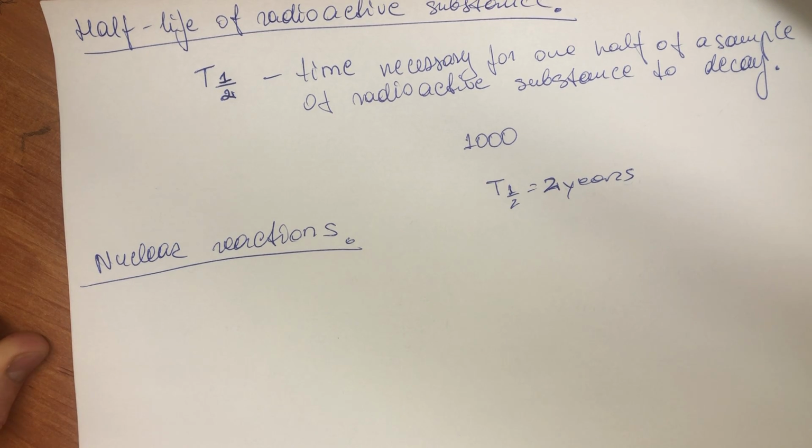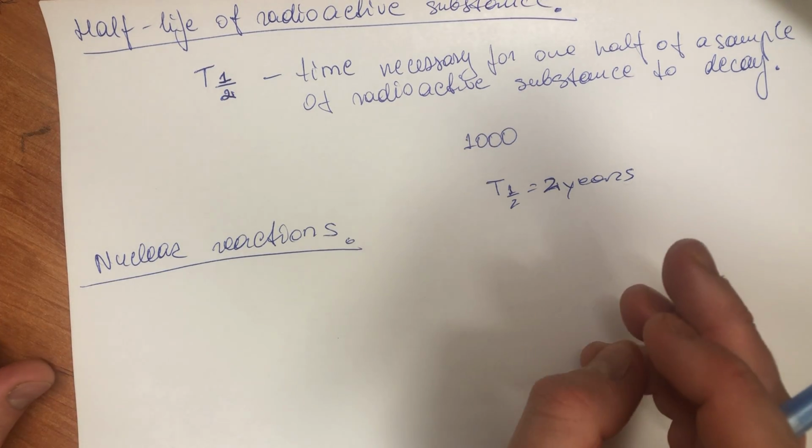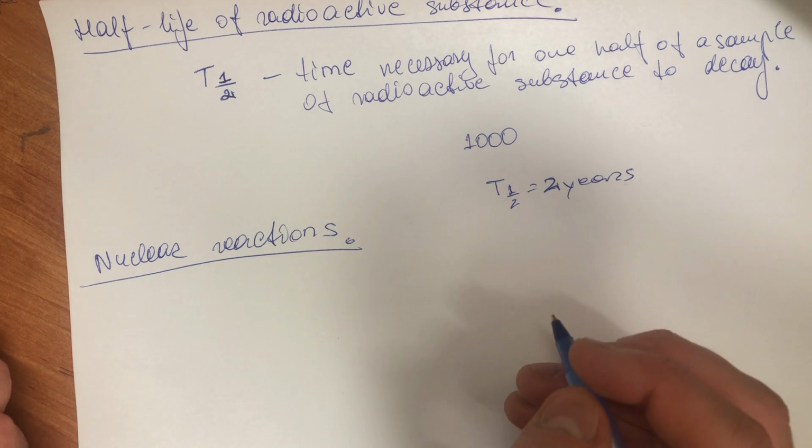When nuclei decay, the nucleus of the initial element is transformed into another element's nucleus.